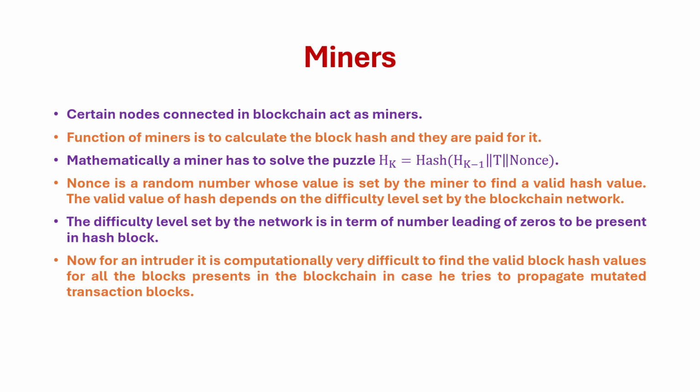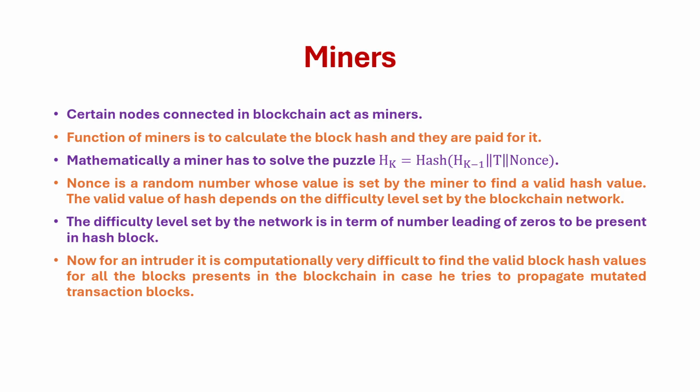There is a formula where HK is the block hash value, and it is calculated by finding the hash of the previous block hash value, which is HK minus 1, appended with the Merkle root value. And there is a nonce. As I explained in my previous lecture, nonce is nothing but a random number. So miners keep on changing this random number and keep on finding a block hash value.